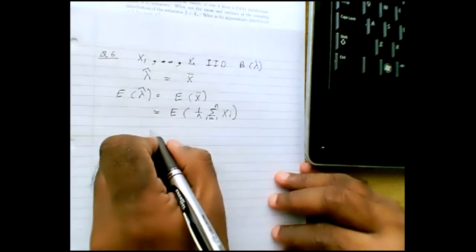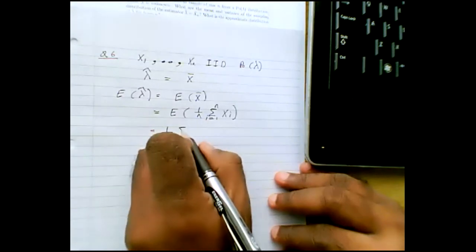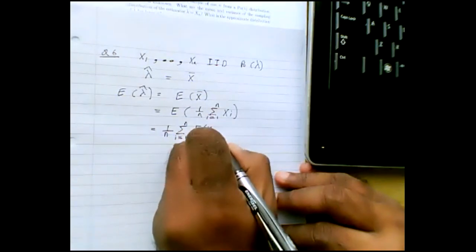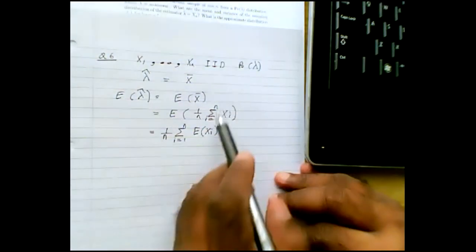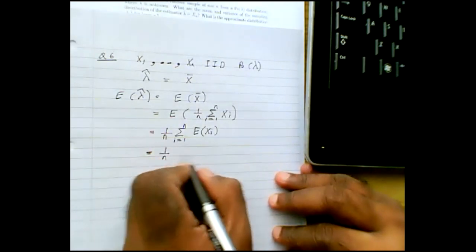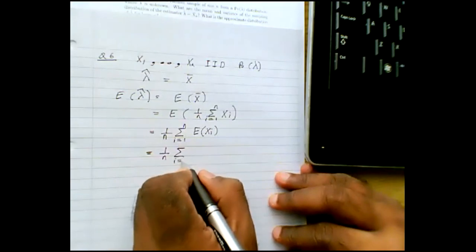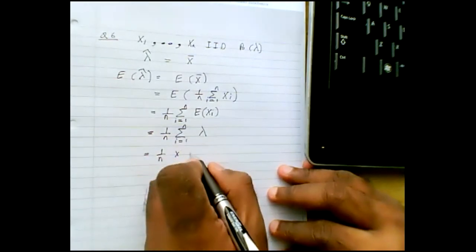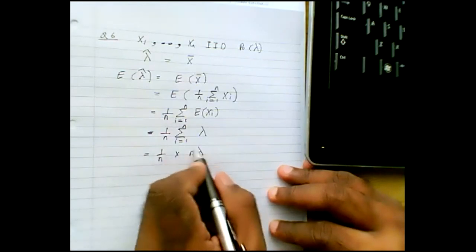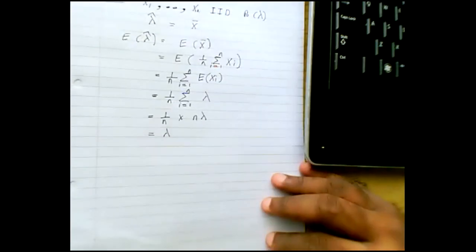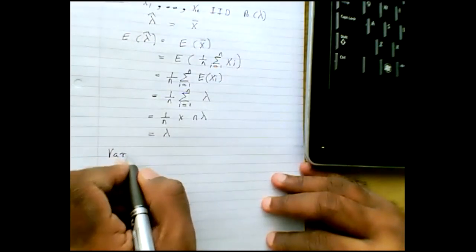Now, if you take the expectation inside, for a Poisson variable the expectation is lambda, right? So this is n times lambda, since lambda is a constant, so the sum is n lambda, and the expectation of lambda hat is equal to lambda.